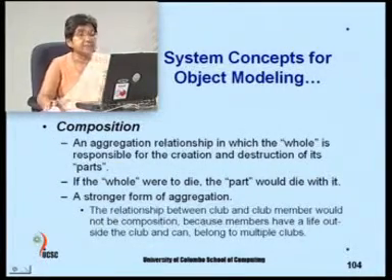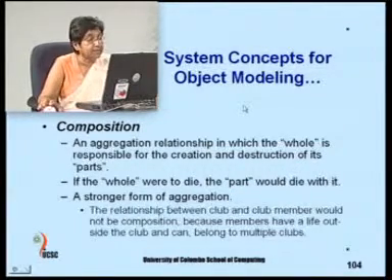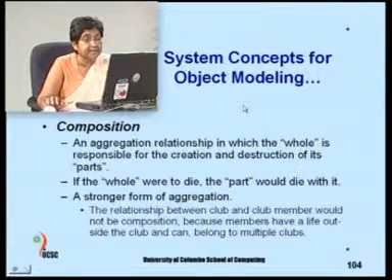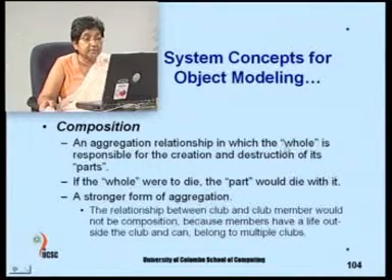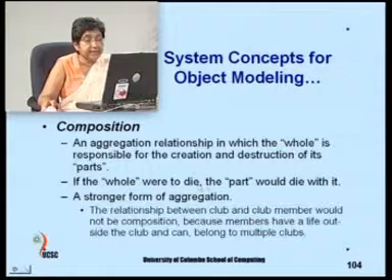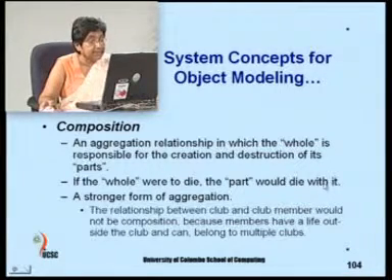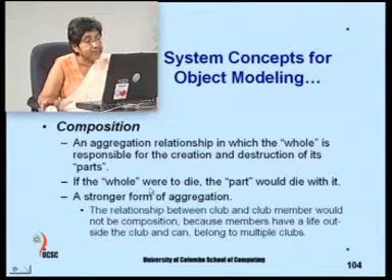Then there is another concept called composition. This is an aggregation relationship in which the whole is responsible for the creation and destruction of its parts. If you destroy the whole, all its parts will be destroyed. If the whole were to die, the part would die with it. It is a stronger form of aggregation. The relationship between club and club member would not be composition, because members have a life outside the club.